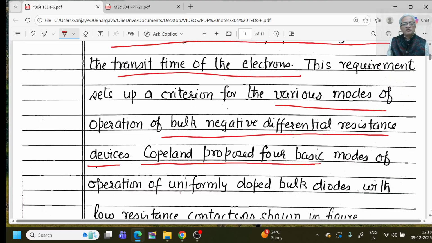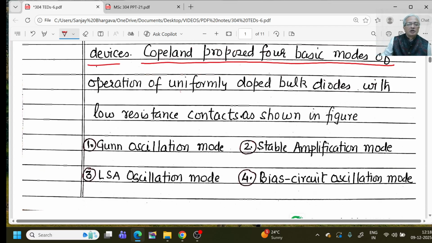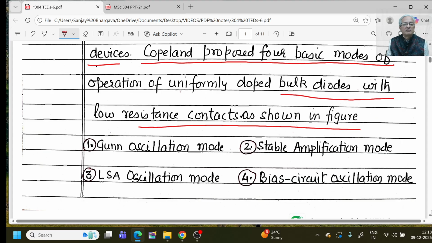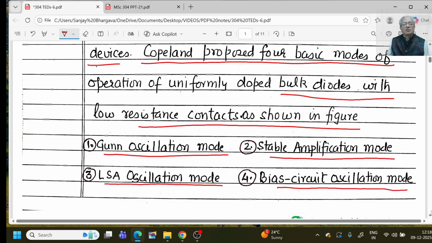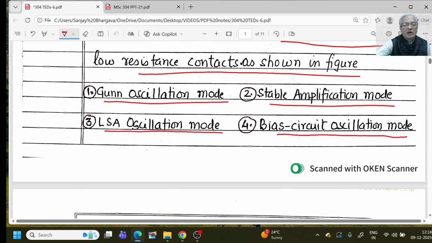Copeland proposed four basic modes of operation in doped bulk diodes with low resistance contacts, as shown in the figure. The four basic modes are the Gunn oscillation mode, stable amplification mode, LSA oscillation mode, and bias circuit oscillation mode. So let us pick up one by one.